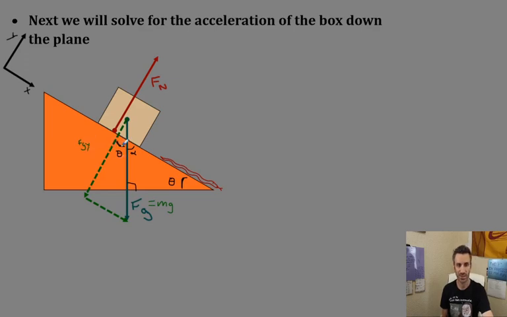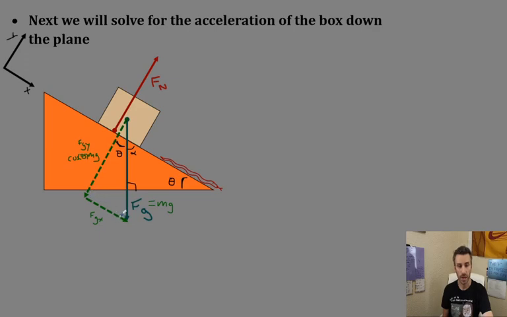And since this is angle theta, the hypotenuse is equal to mg, and since this is theta, this is the adjacent side of the triangle. So that means that this is equal to cosine of the angle theta times mg. And then this side of the triangle here, this is going to be the force of gravity in the x direction.